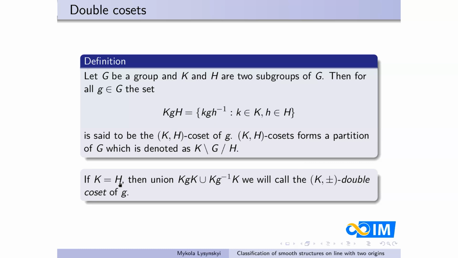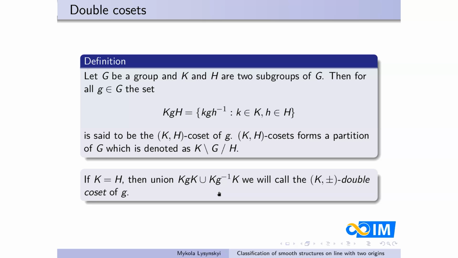If K and H are equal, the first property is that if we take the inverses of all elements in such a coset, we obtain this coset.